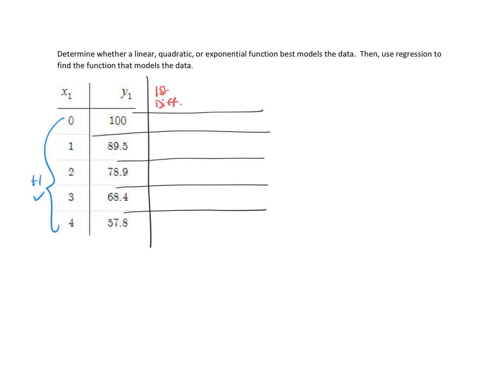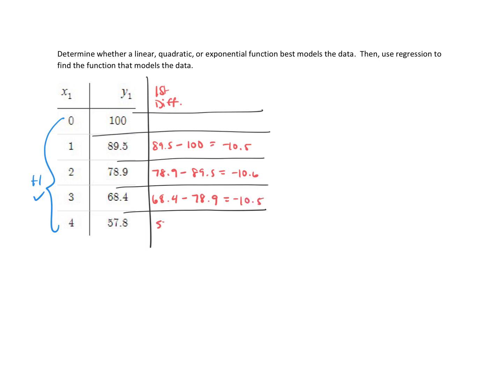So we start with our second y value, 89.5, and we subtract the one before it, 100, and we get negative 10.5. Then we'll take our 78.9 minus 89.5, and we get negative 10.6. That's pretty close. 68.4 minus 78.9 gives us negative 10.5.